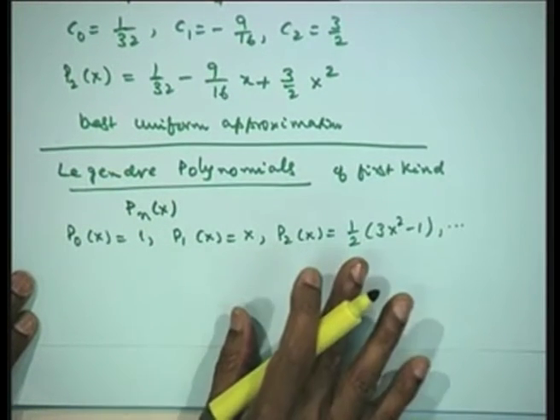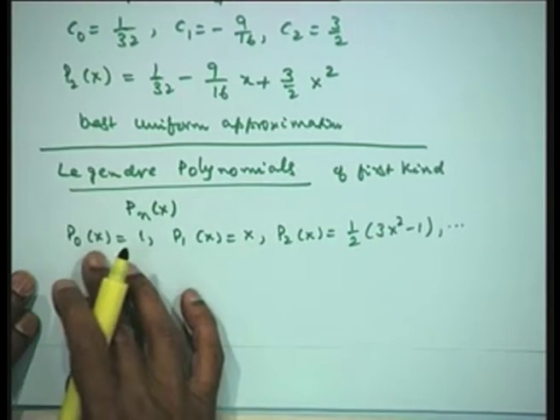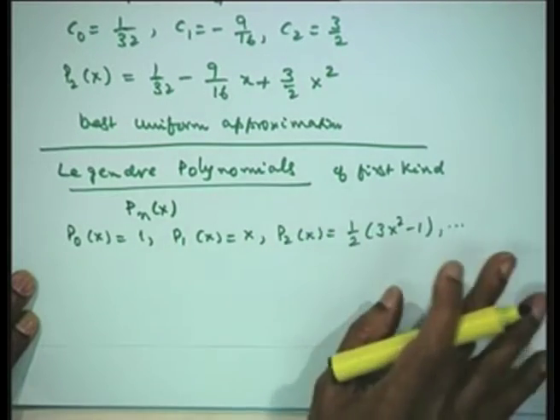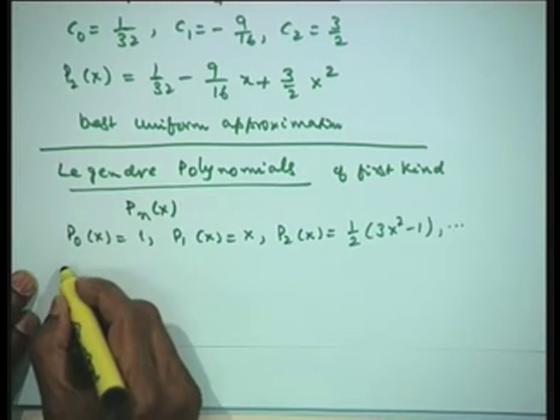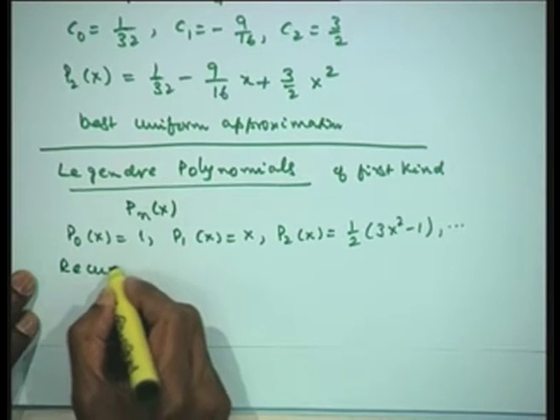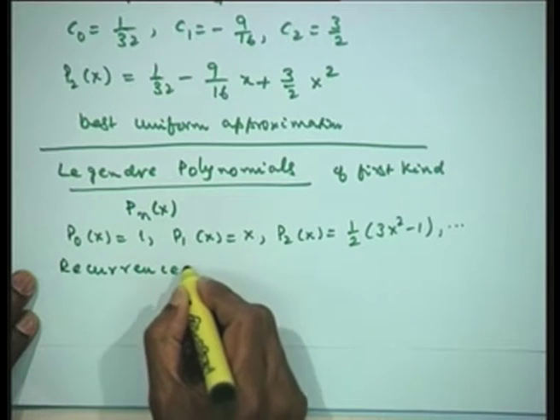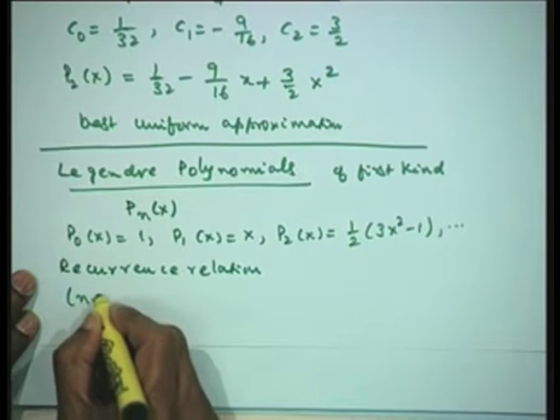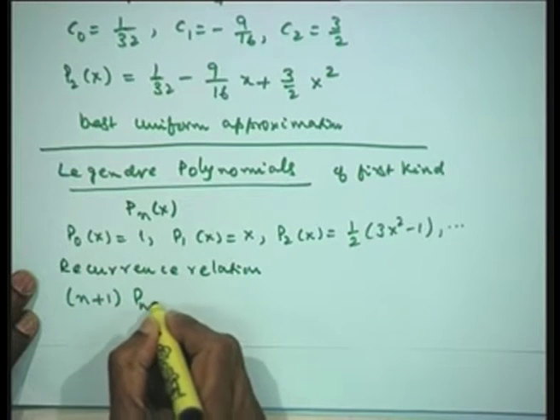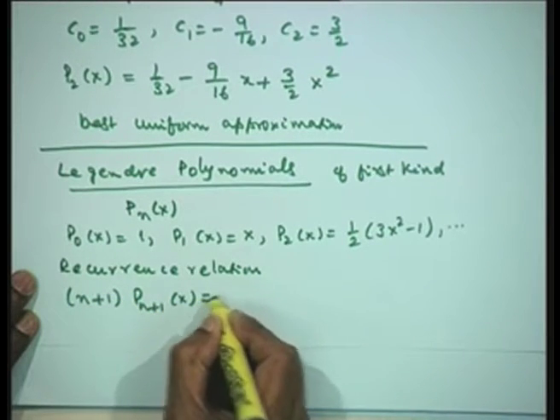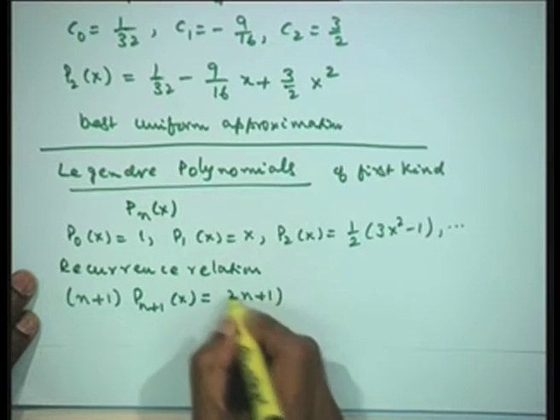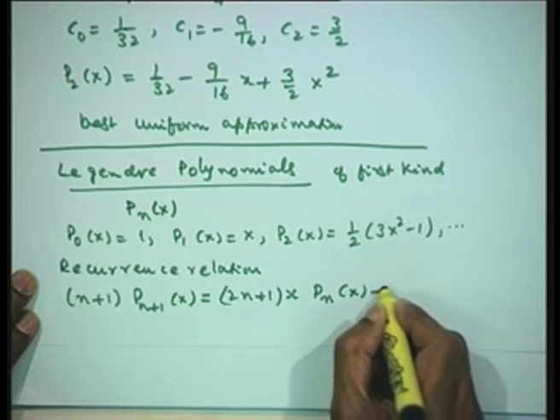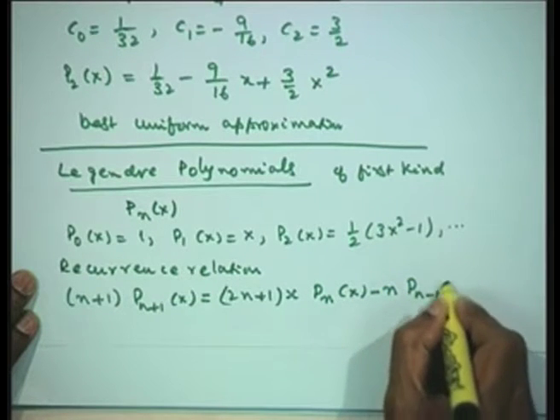I can generate all of them through a recurrence relation. If once I know two of them, it is sufficient for me. I can now write down the recurrence relation and get any Legendre polynomial I want from here. So, the recurrence relation for this is this. n plus 1 P n plus 1 of x is equal to 2 n plus 1 x P n of x minus n P n minus 1 of x.